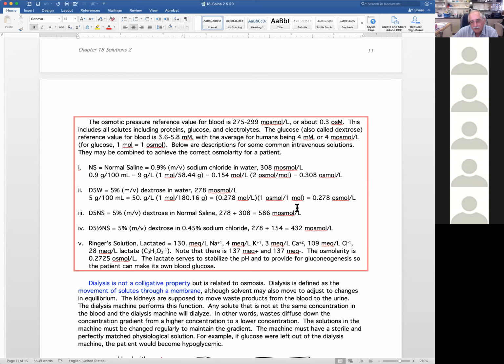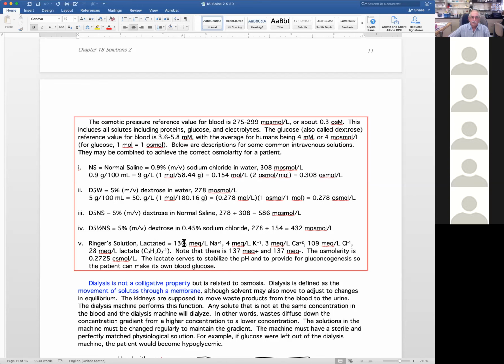So that is a very high osmotic pressure right there. So because of that, they often use instead D5 half normal saline. So it's a little bit closer. Okay. And oftentimes they will use Ringer's solution. Oftentimes it's lactated.